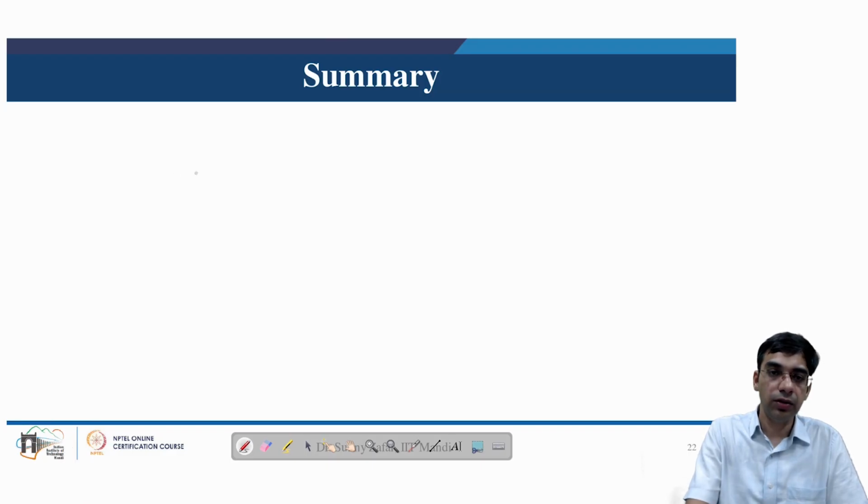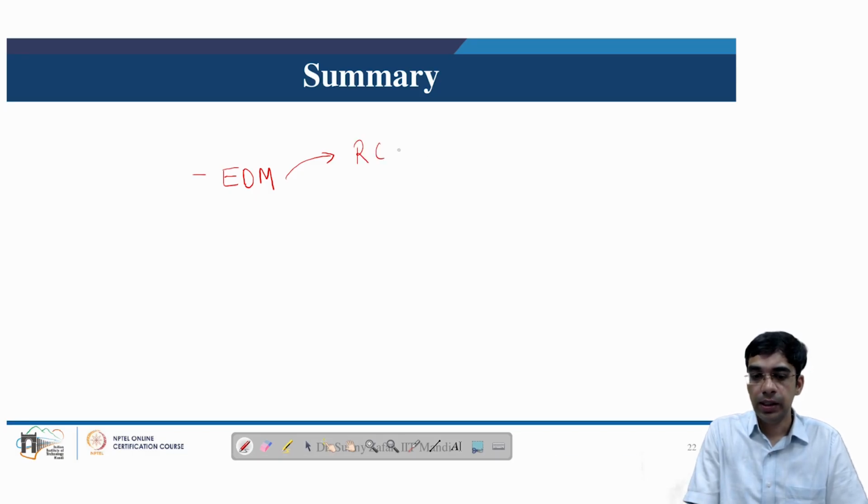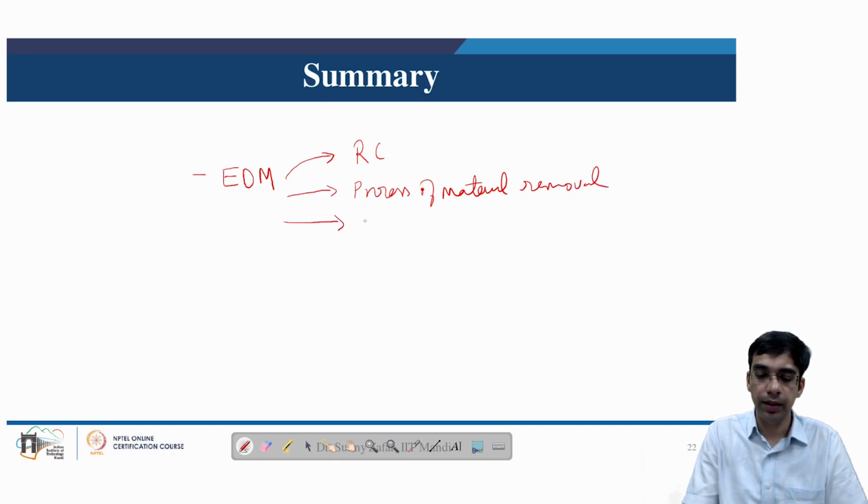So in the summary, we can conclude for today's lesson that we have understood the electric discharge machining process. In this process, we have understood the basic relaxation circuit, which is the base of any EDM machine. We have understood the process mechanics, the process of material removal. We have also understood the basic setup needed to perform the EDM.